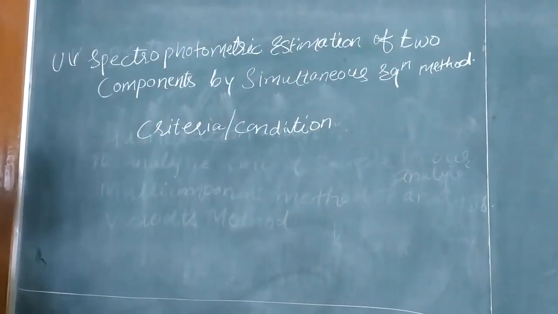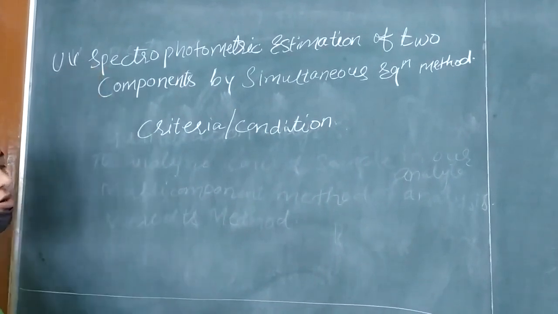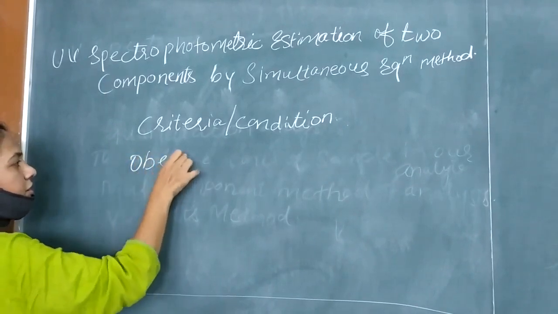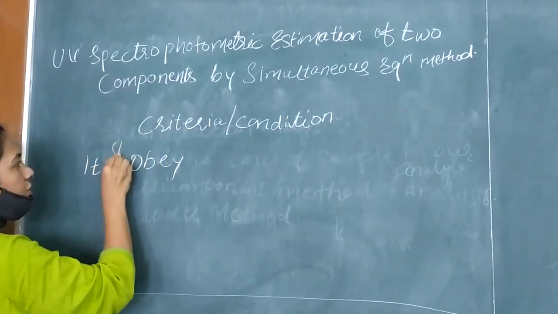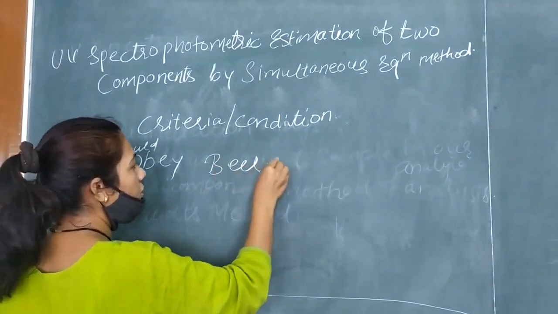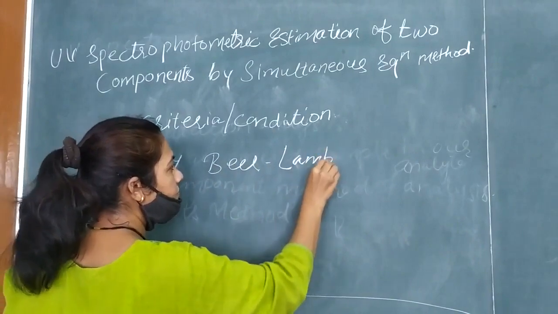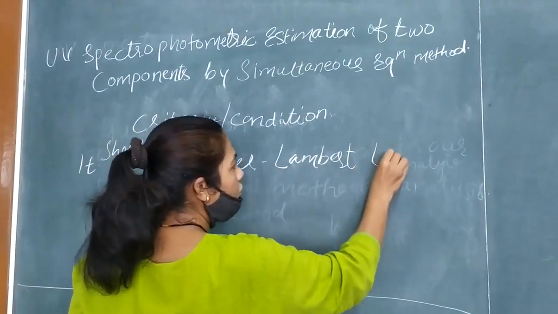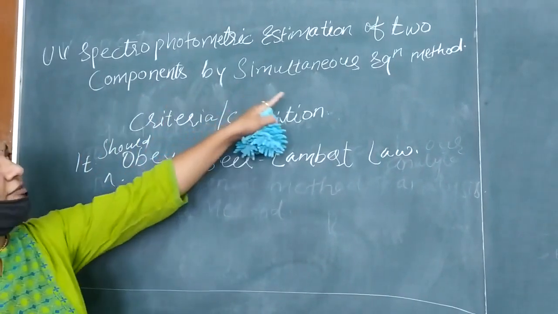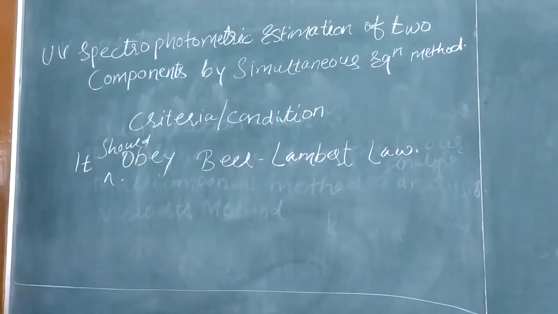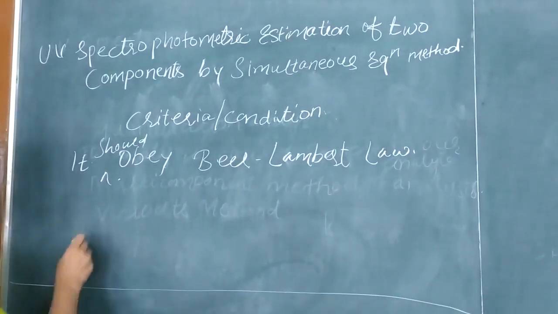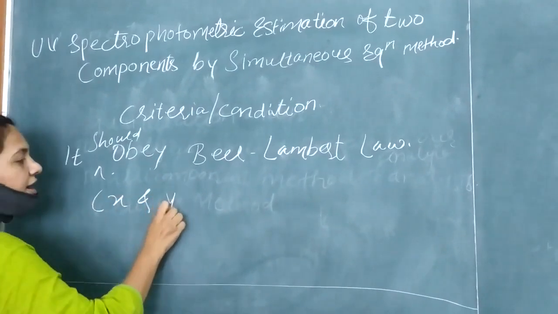First important point: whenever we are going to use UV spectrophotometry, it should obey Beer-Lambert's law. This method is for a two component mixture, so it should have two species. For example, we are taking X and Y as the species.